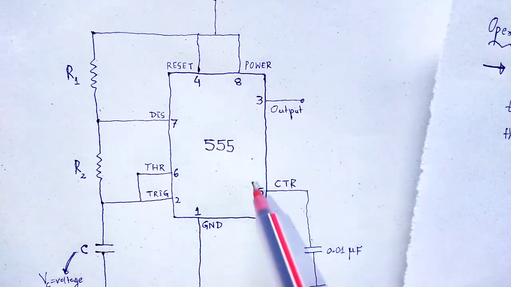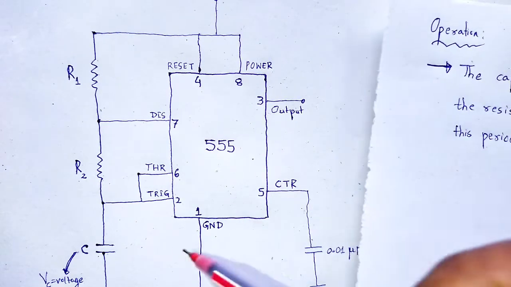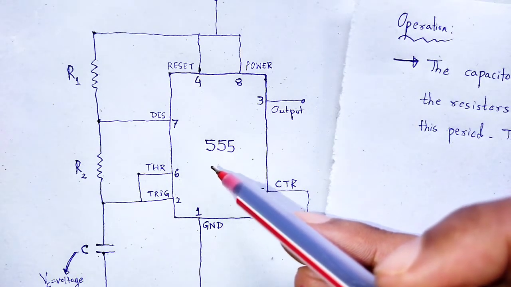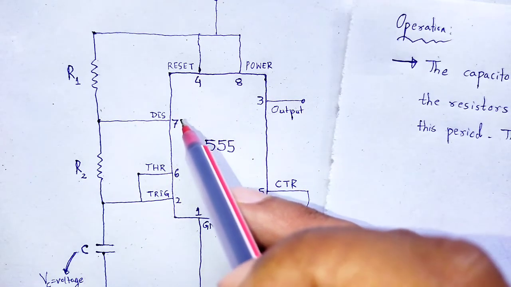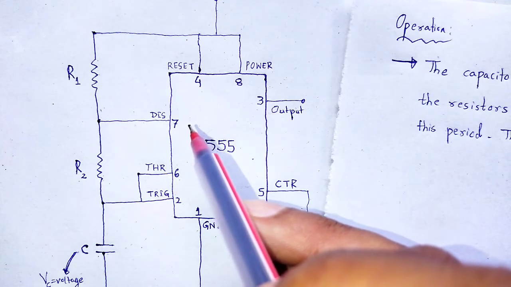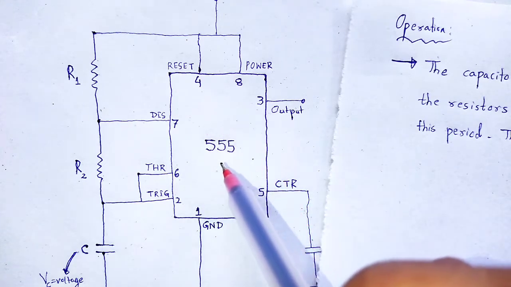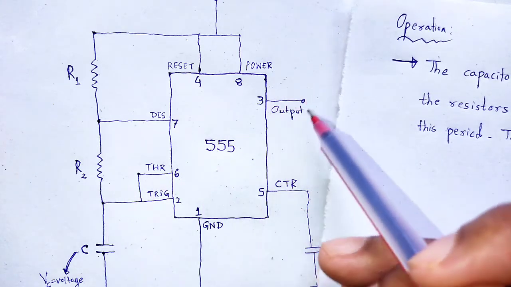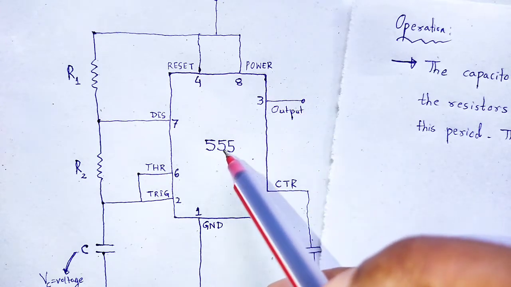In the charging case, the transistor T1 is connected to the discharge terminal. So, the transistor is off or low by using the RS flip flop. Therefore, the output is high and the discharge capacitor is cut off.